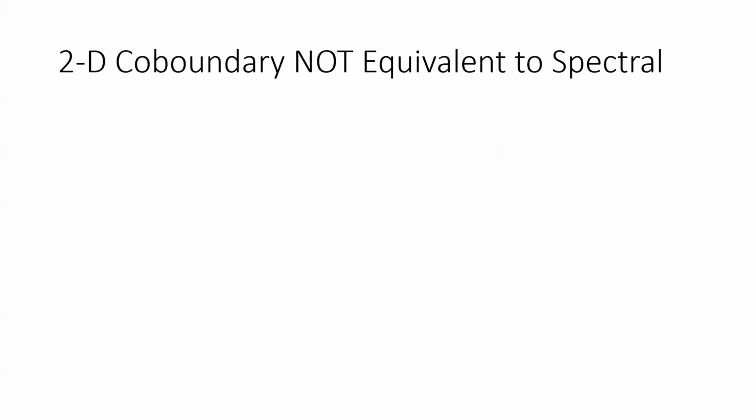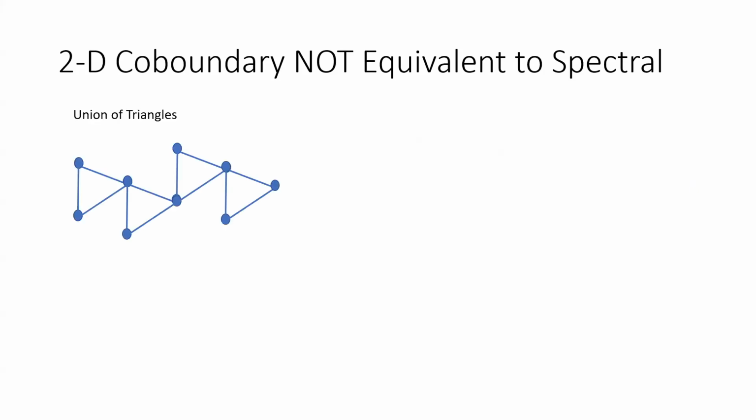Okay, so now let's see why this definition is even different from the definitions we've already seen, because otherwise it does not make sense to have another definition. So let's see 2 examples. First is just a union of triangles. Again, you can use a similar argument to show that it is a coboundary expander, but of course it's not a spectral expander.